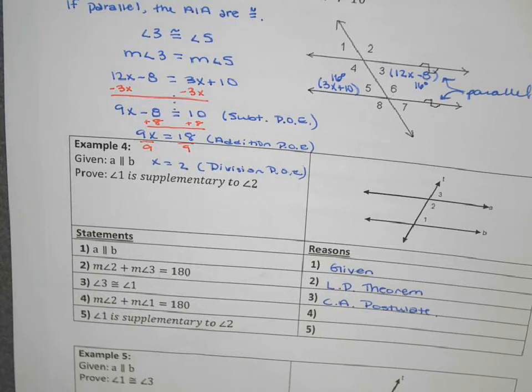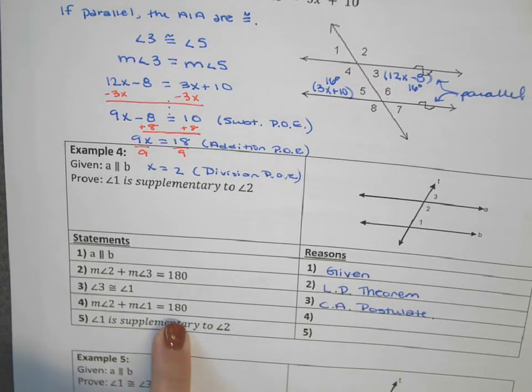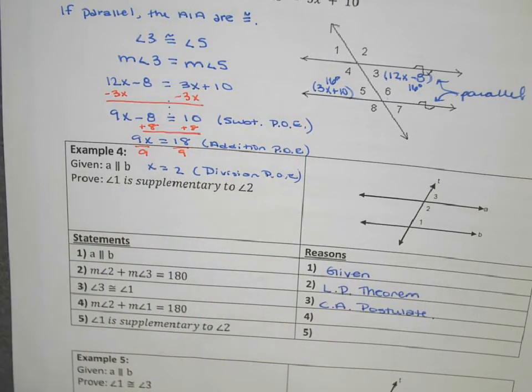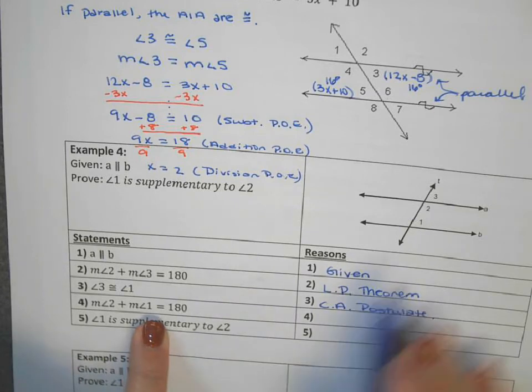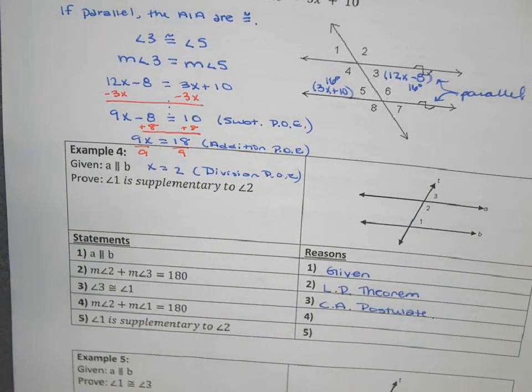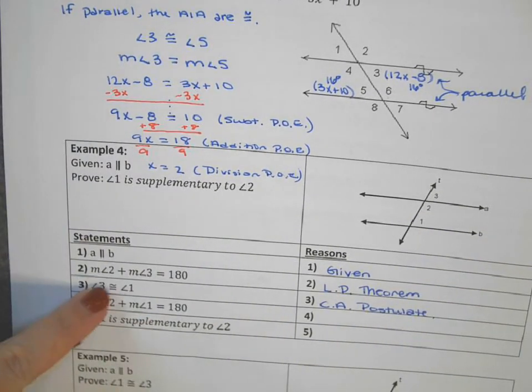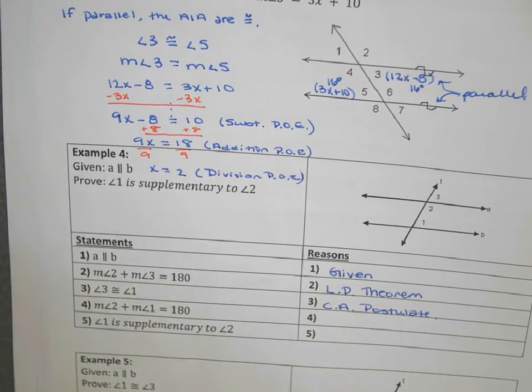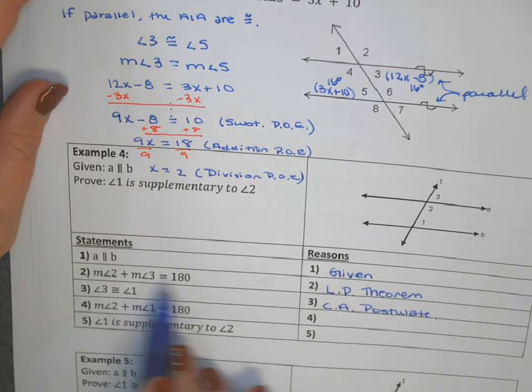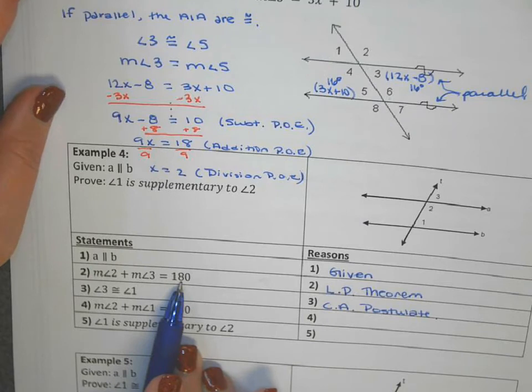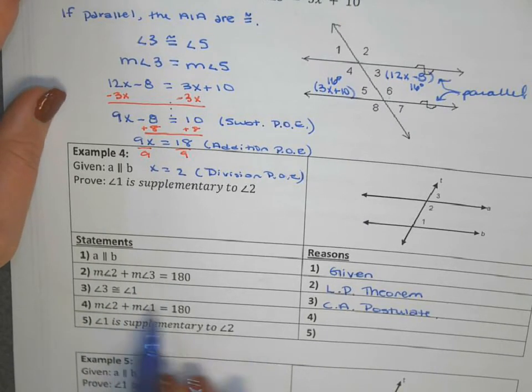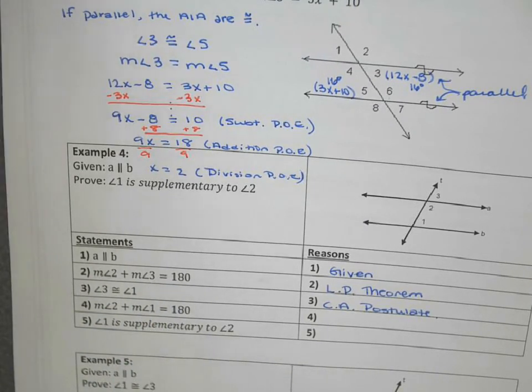Okay, now we have to try to figure out why 2 and 1 add to 180. Now, we can see that's where I was eventually trying to get to, but we can't just say 2 and 1 add to 180. It must come from these previous steps. So how did they get that 2 and 3 add to 180, and now they get 2 and 1 add to 180? What happened there?